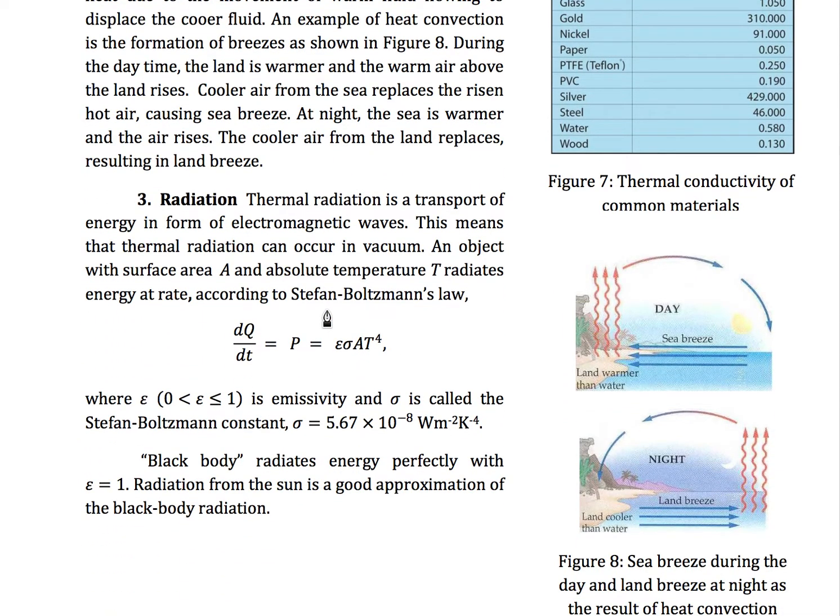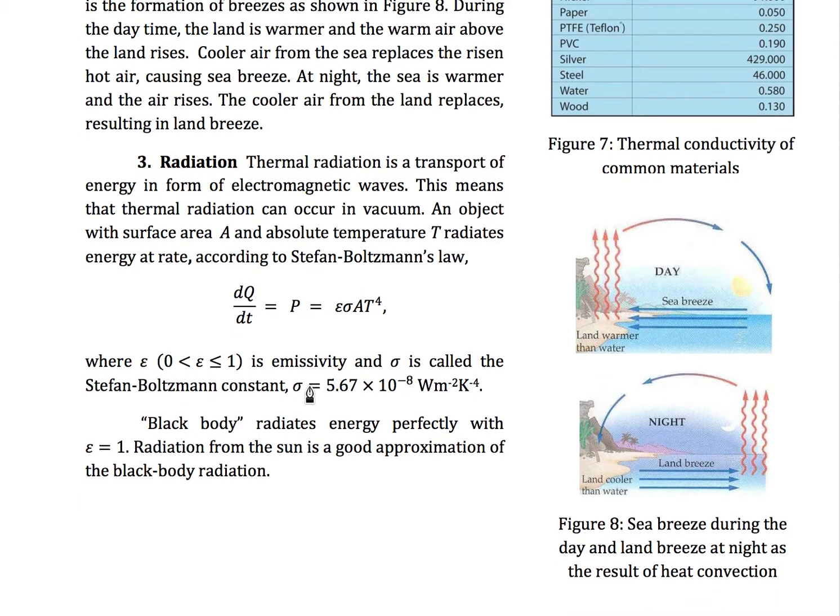Okay, and the last topic is about radiation. Normally an object, for example the sun, has its own temperature at the surface, and the sun is radiating some heat out from its surface. The rate of heat transfer, dQ by dt, in the case of radiation, we can calculate from the equation epsilon sigma A T to the 4. Epsilon is the emissivity.